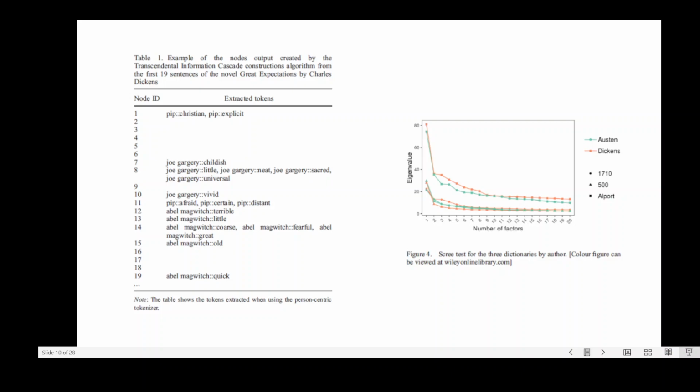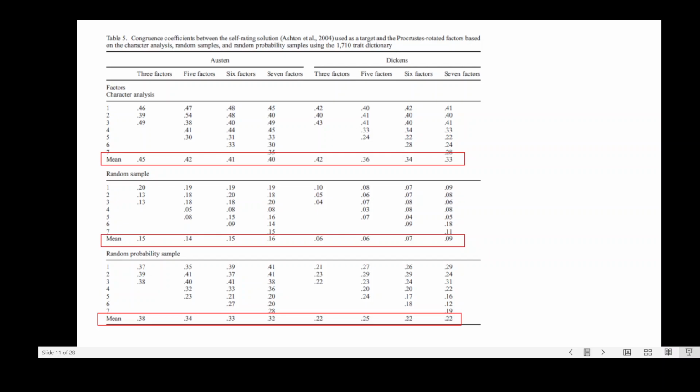And by doing that, we can identify common factors that may have guided the authors when writing their character descriptions. The interesting part is we can now map these factor structures onto modern day self-rating solutions.